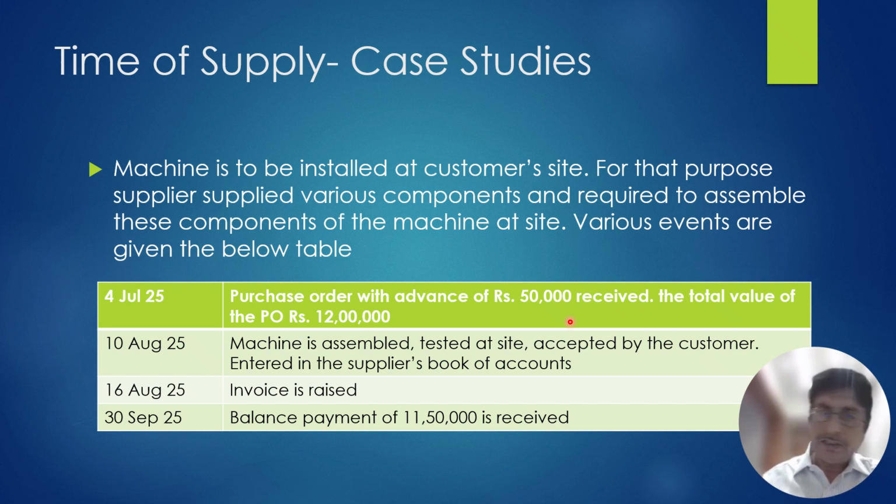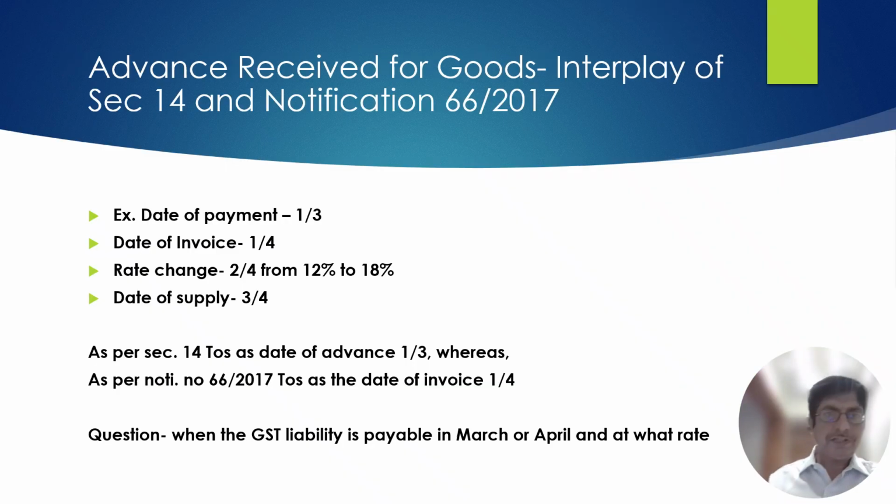Remember friends, this notification number 66/2017 is applicable only in case advance is received for goods. It is not applicable for advance received for the provision of service. Have you understood? Let's go ahead to the next case study.